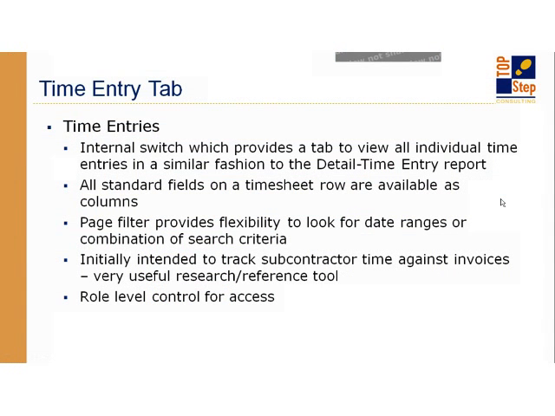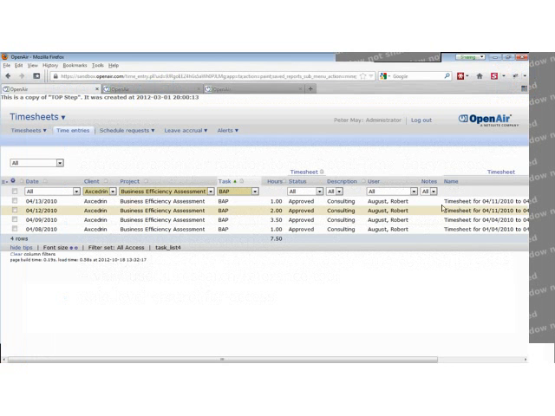Oh yeah, quick note. Originally, when they released this a couple years ago, the intent was to track subcontractor time against invoices for reconciliation. It's not really part of our topic today, but you can add custom fields on time entry, and then you can mark these time entries as paid or not.